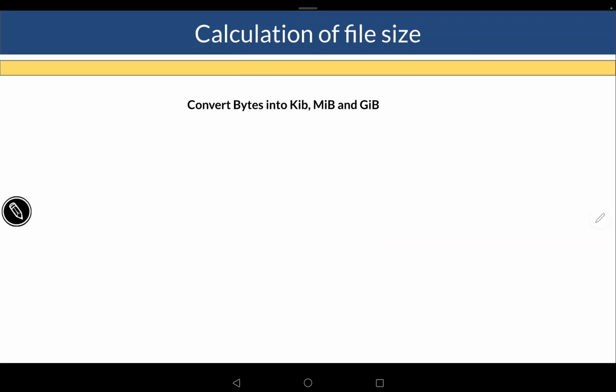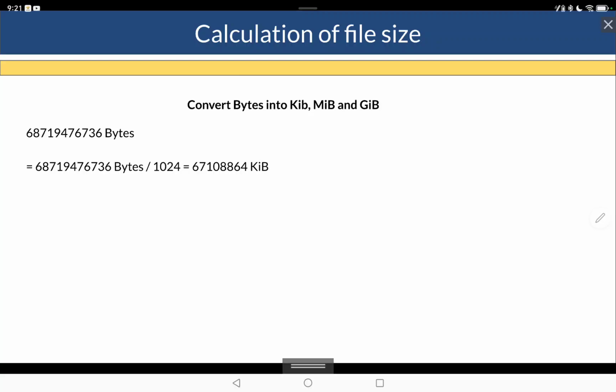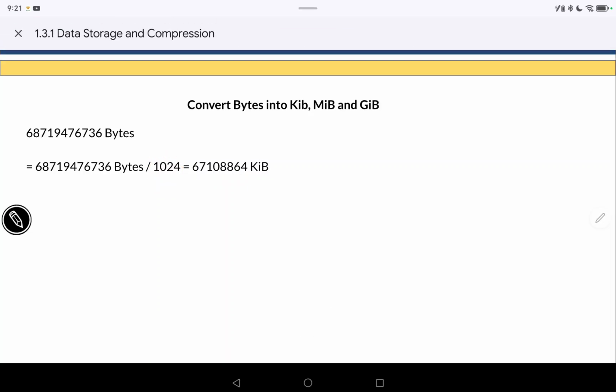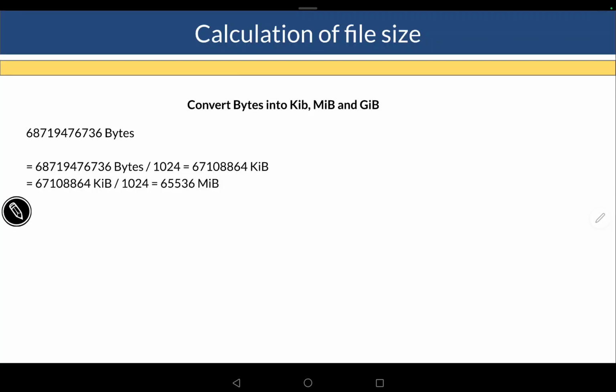Now let's look at how to convert from one memory size to another. We are going to be converting bytes to GiB. To convert bytes to KiB, we divide by 1024. To convert KiB to MiB, we divide by 1024, and to convert further to GiB, we divide by 1024.